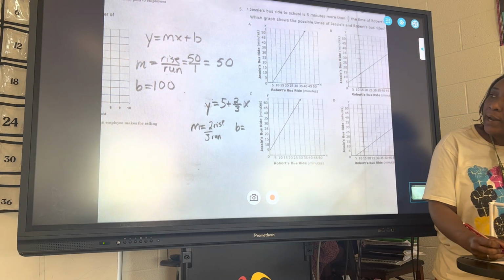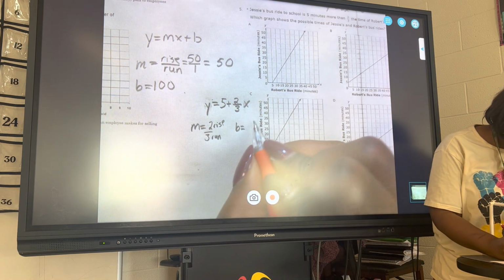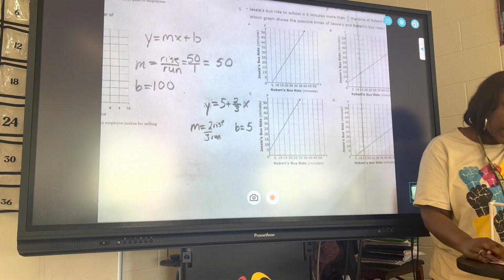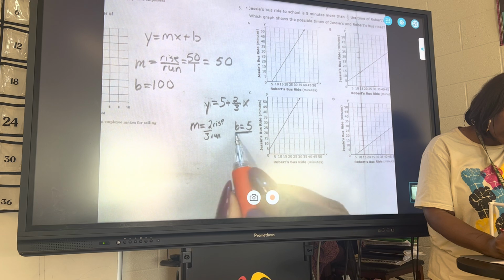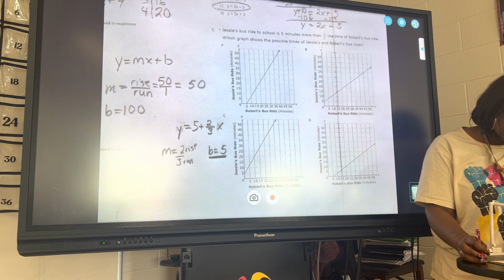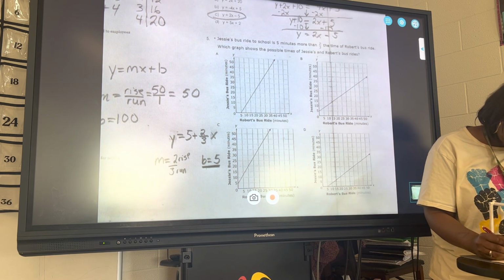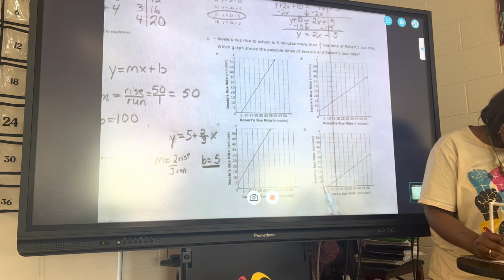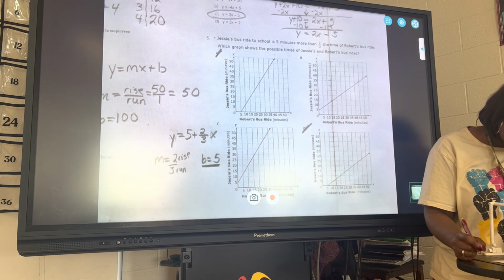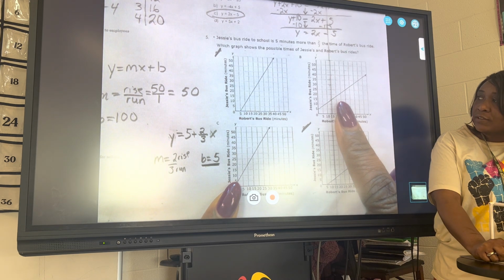And which one is the y-intercept? 5. That is where it crosses the y-axis. So if this is where we start, what can we eliminate? You can eliminate D because this doesn't cross at 5. You can eliminate A because this doesn't cross at 5. These two have to be the possible answers, right?